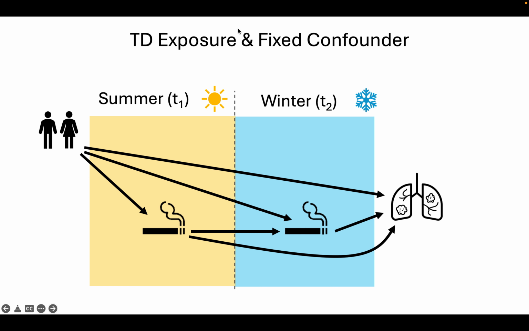So this first and most simple scenario is we have this time-dependent exposure, smoking, and we have these two time periods. We have time 1, which is summer, and time 2, that is winter. They have a smoking status at either time. They could have gone negative to positive, positive to positive, and so on.